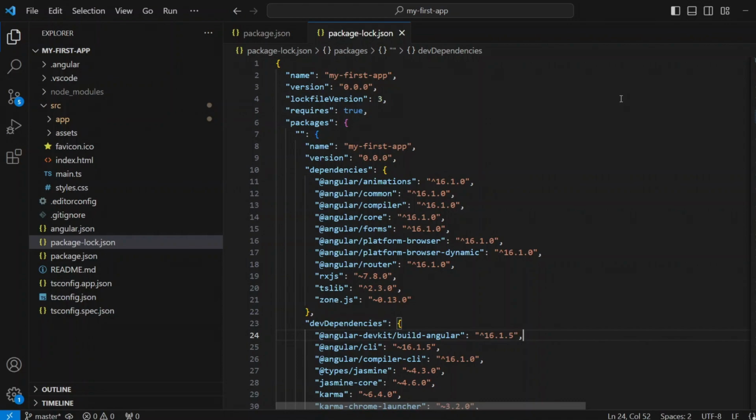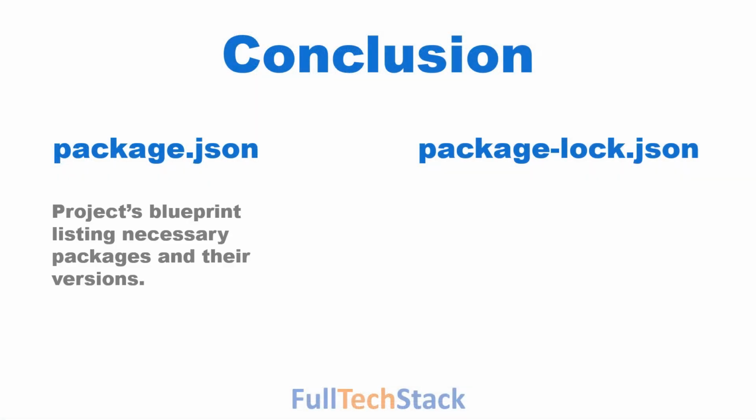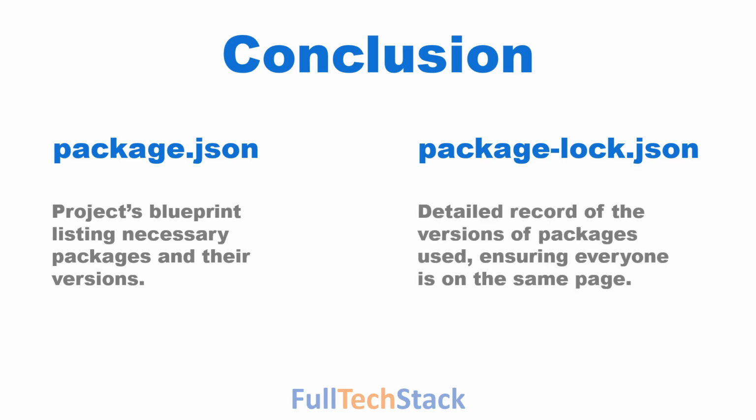It eliminates the chance of someone unintentionally updating a package and causing unforeseen issues. In conclusion, package.json is your project's configuration blueprint, listing necessary packages and their versions, while package-lock.json is the detailed record of those versions, ensuring everyone is on the same page, or rather the same line of code.